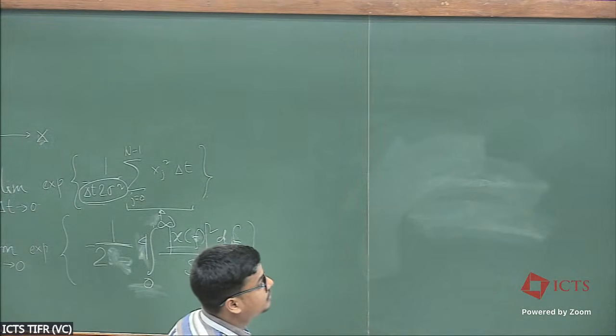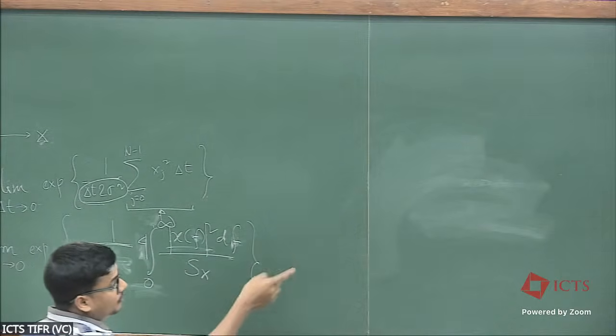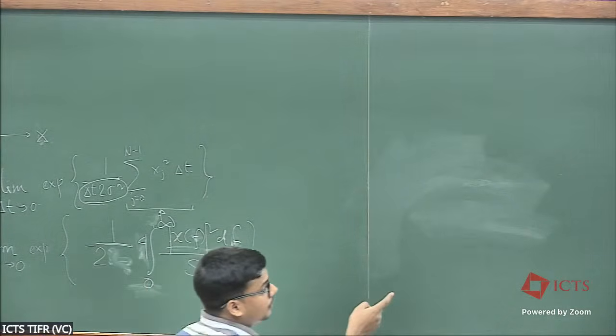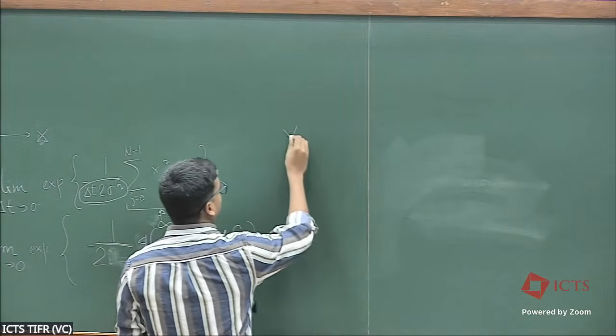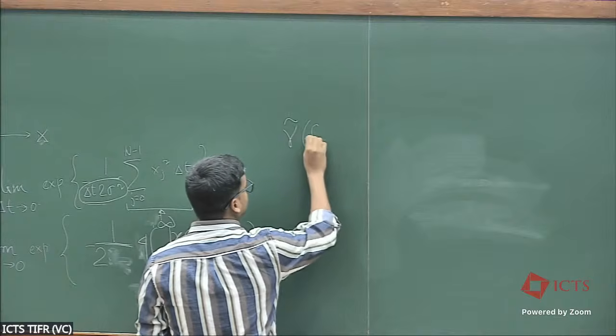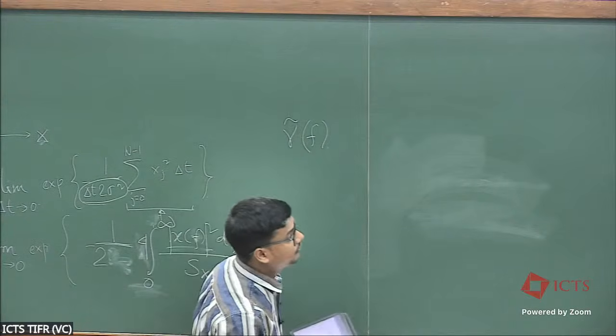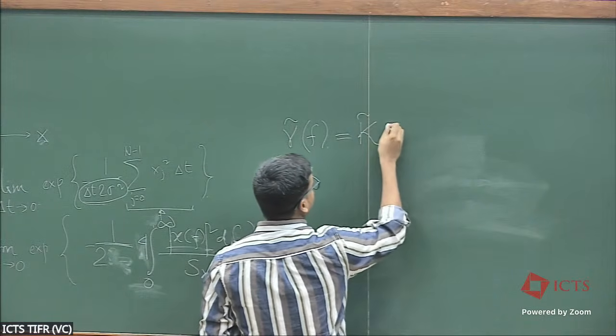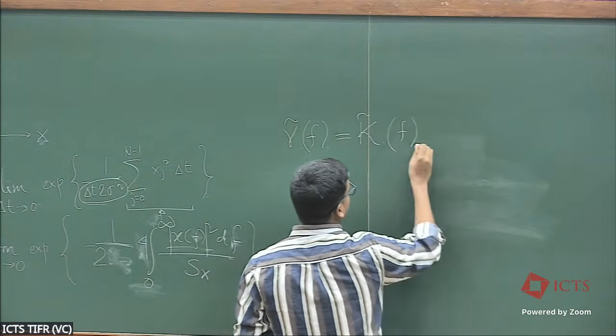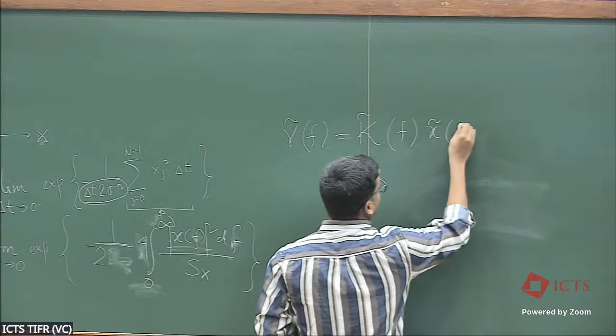So this is just cross correlation. Again, you take the Fourier transform of that, and then essentially the new noise model gamma of t can be written in the Fourier domain as the multiplication of the Fourier transform of capital K and x tilde of f.